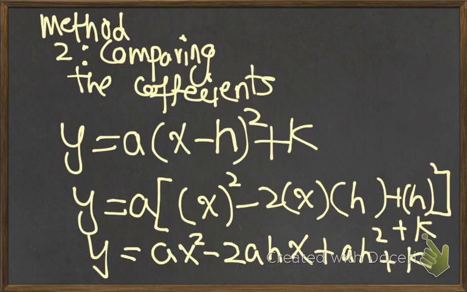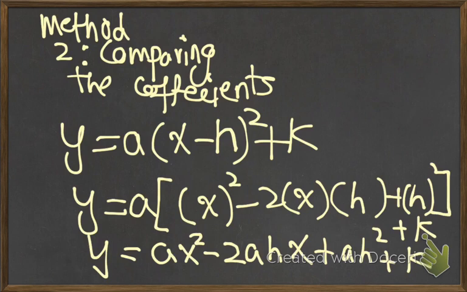You don't need to memorize this completely, because you can just obtain the full form of the completing square form within 2 steps. So there's no need to memorize this. All you need to remember is the completing square form is y is equal to a multiplied by (x minus h) the whole thing squared, plus k.